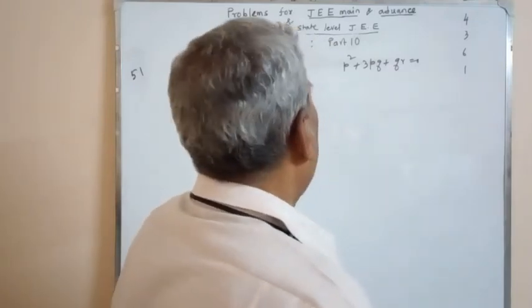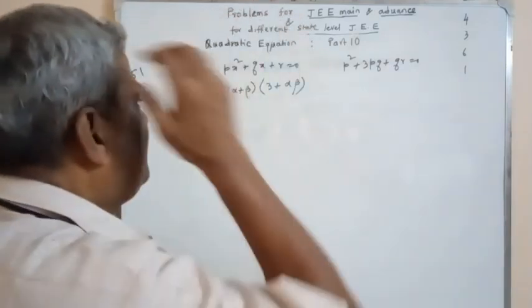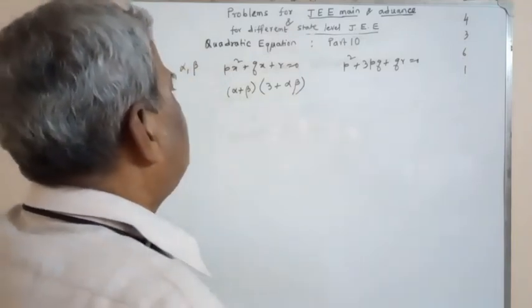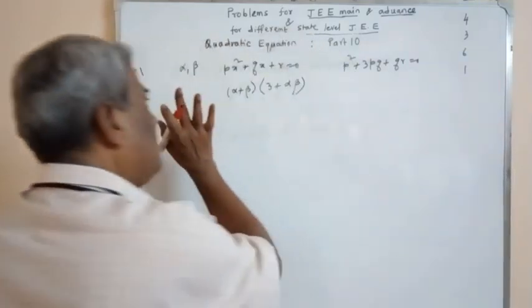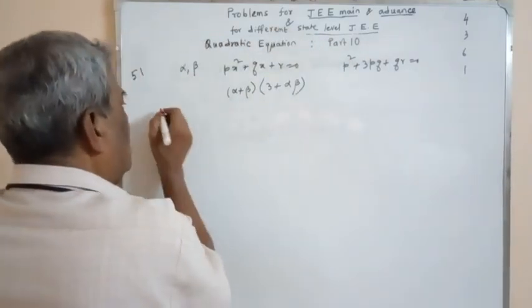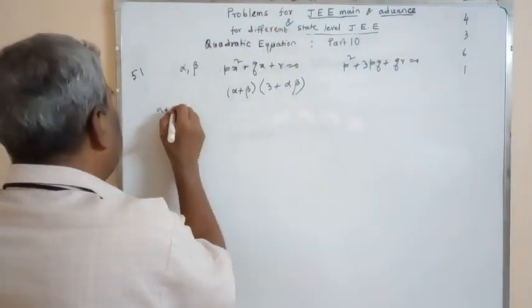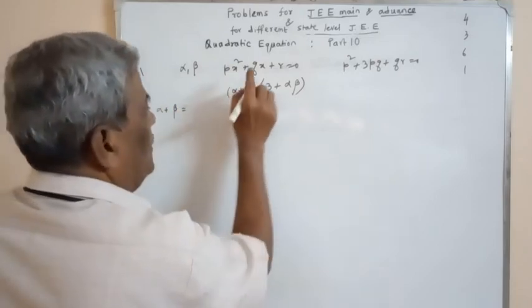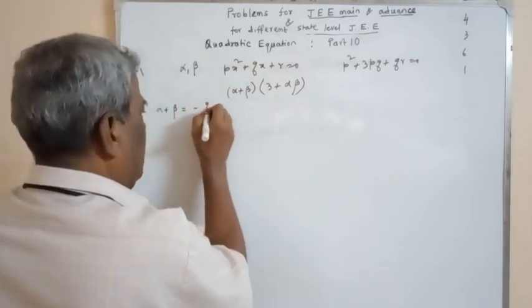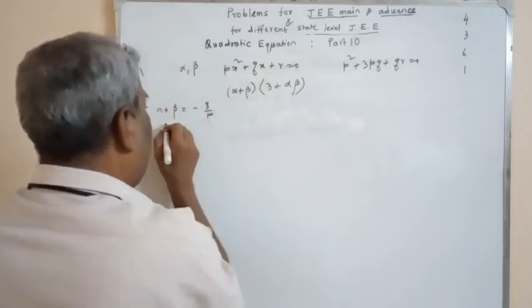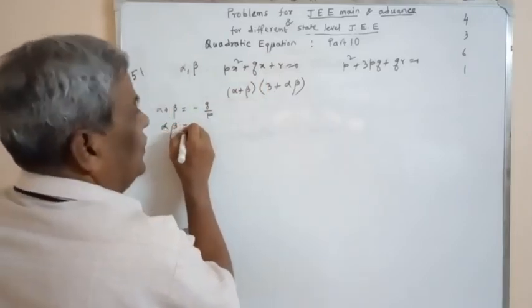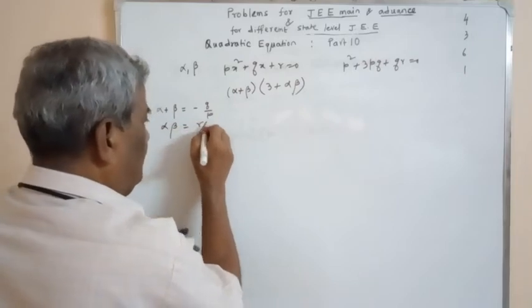Relation between coefficients: alpha plus beta is equal to minus q by p, and alpha into beta is equal to r by p.